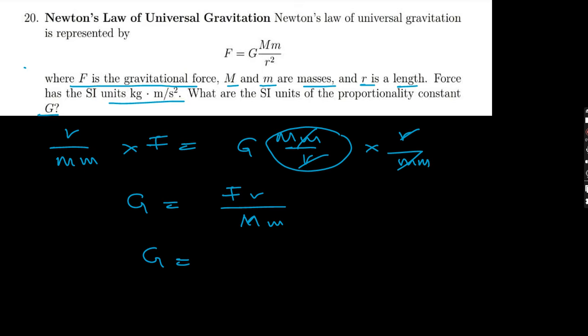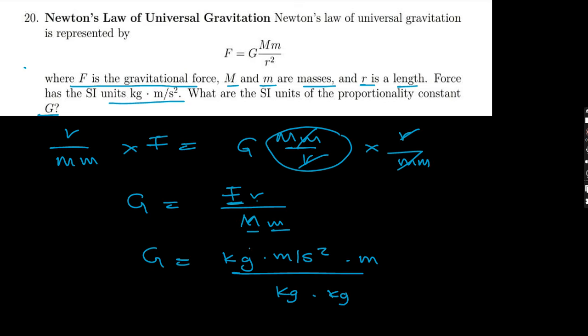Now the units of force is kg meter per second square. What is the units of R? R is distance, it is meters. Down here we have kg. Also, even here, since both are masses, we are going to have another kg.